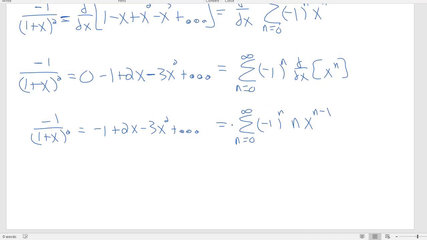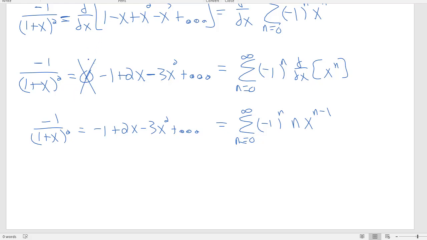Now let me show you something. I'm going to do a little bit of cleanup with this sigma notation. If I plug in n equals 0, I'm going to get 0 times x to the negative 1. So 0 times anything is 0. So when I plug in n equals 0, here's the first term that we cleared out. We deleted that 0 from the derivative of 1.